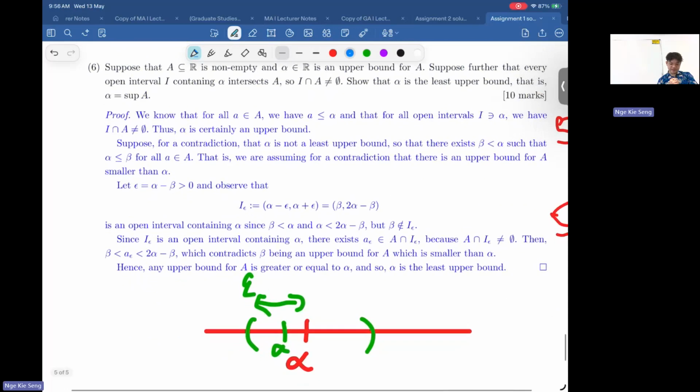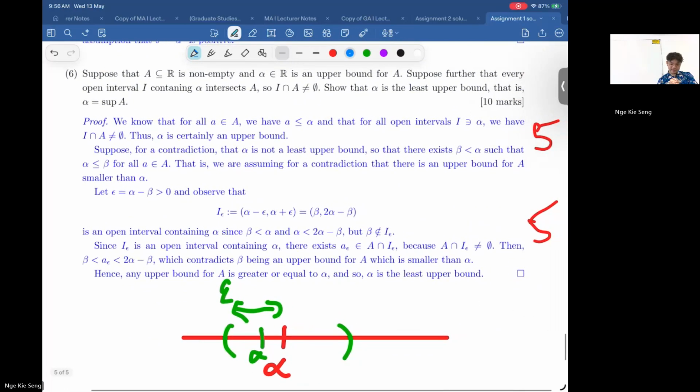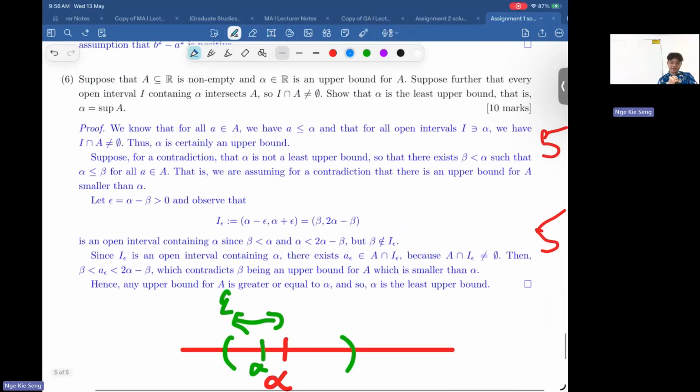Okay, 6. Does anyone understand what this 6 says? I think I saw at least 2 different proofs from you. 6 says that if you have a set A which is non-empty and alpha is an upper bound for A, suppose further that every open interval I containing alpha intersects A, show that alpha is a least upper bound.